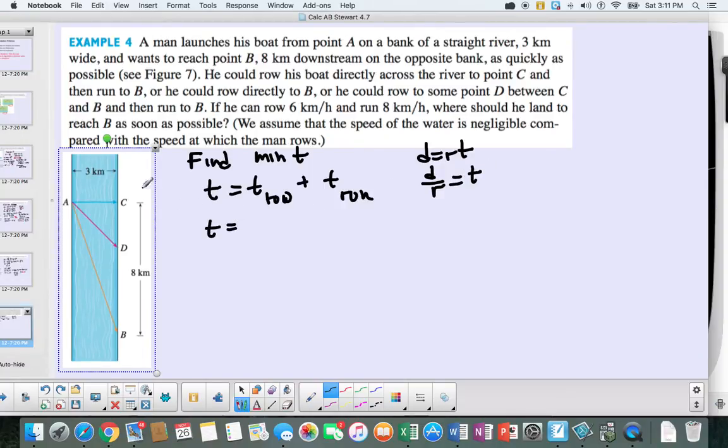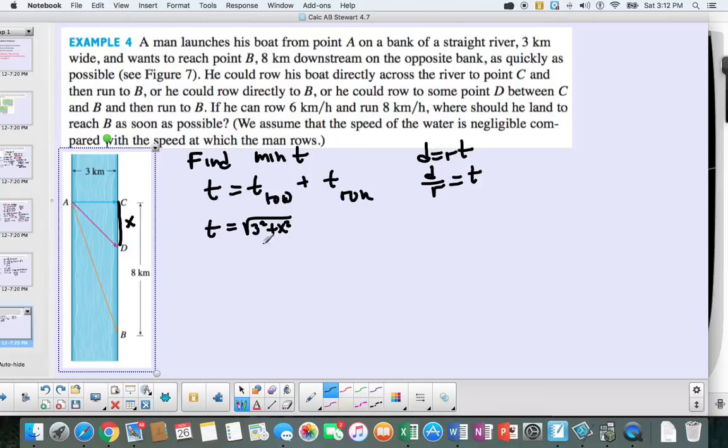So we're going to call this distance from here to here x. So this is his distance to row right here. So that's going to be the square root of 3 squared plus x squared. I'm using the Pythagorean theorem because this length is 3 and this is x.